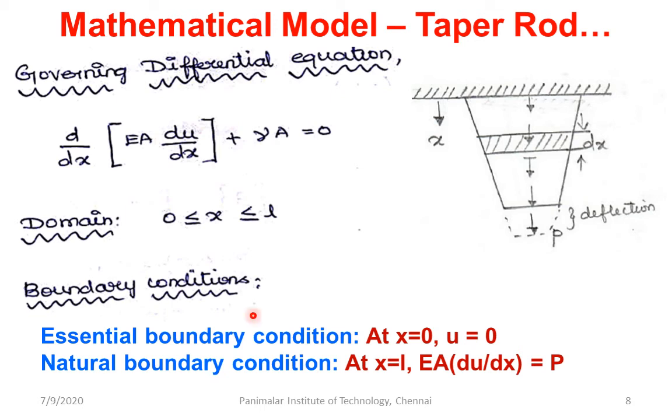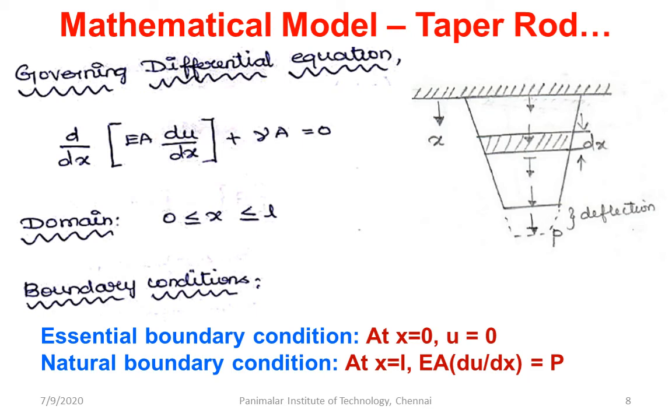So for a mathematical model of any physical phenomenon, we have to express the model like this. First you write the governing differential equation, then you express the domain and the boundary conditions. Most of the time we will get both essential and natural boundary conditions for the physical problem.